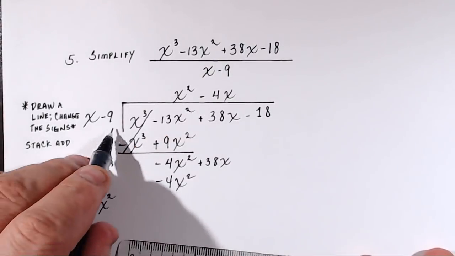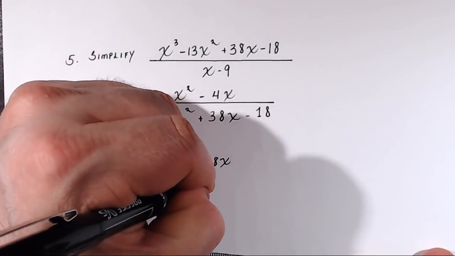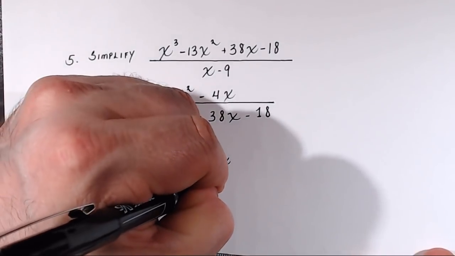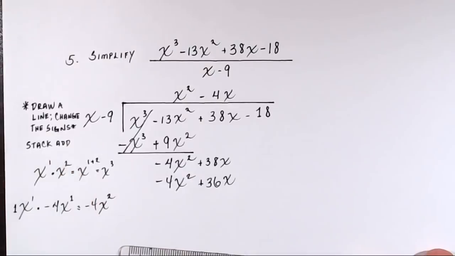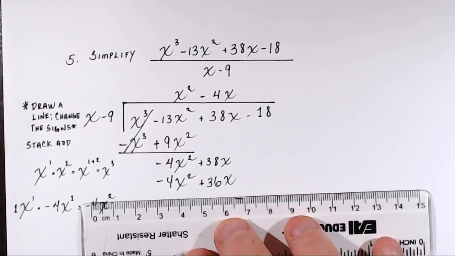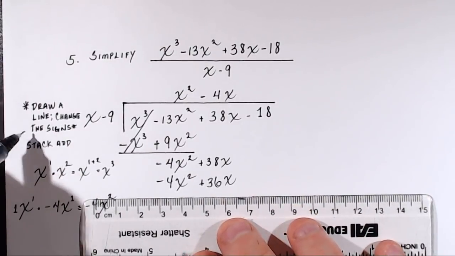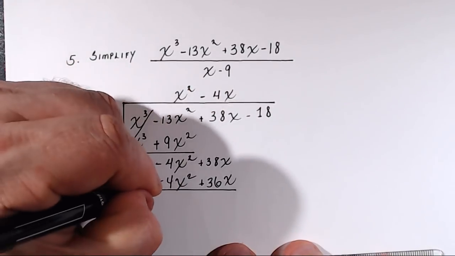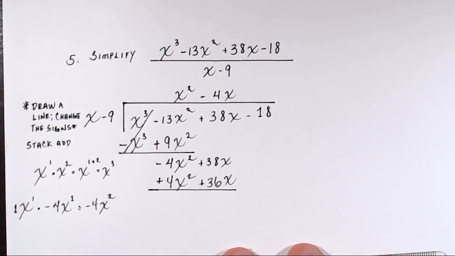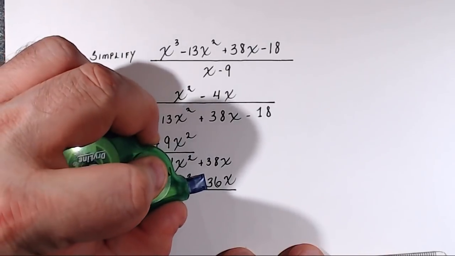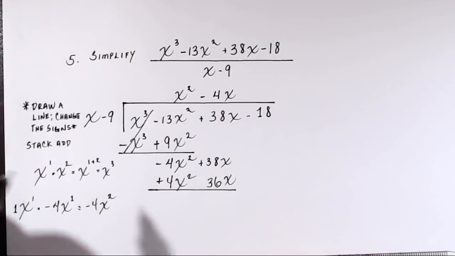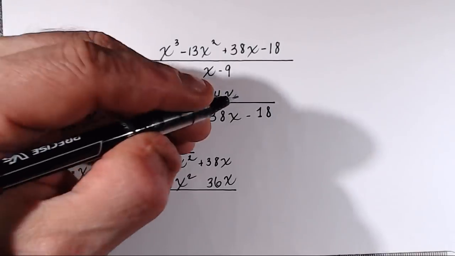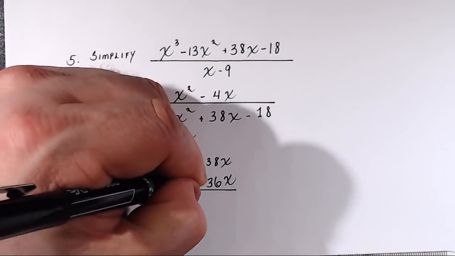And negative 4x times negative 9 equals positive 36x. Okay, and now I have to draw a line and change the signs. Because I'm using pen, I've got to do a little editing magic with the liquid paper.